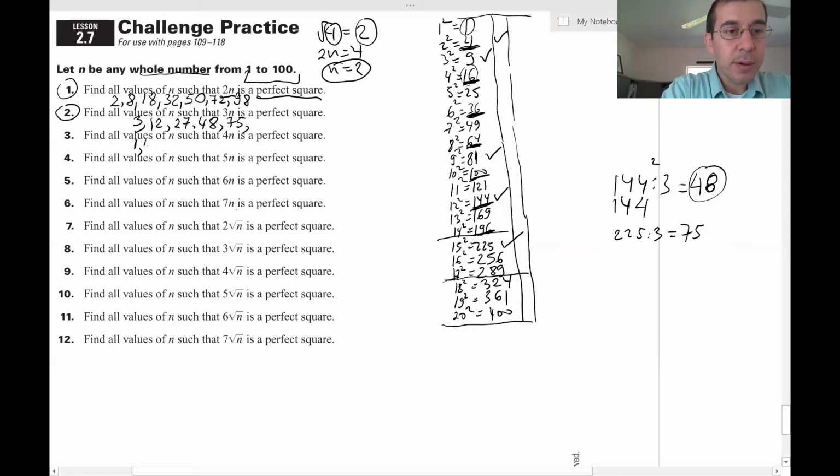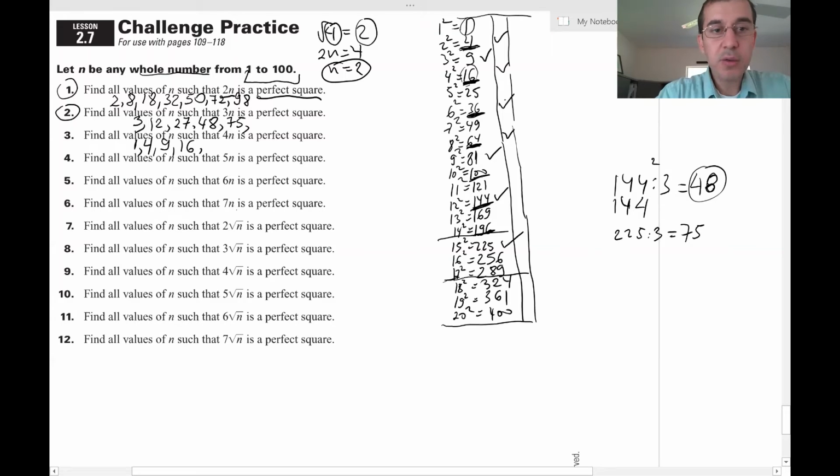So n is 4. And 25 divided by 4, that's not a whole number. 36 divided by 4, yes, that's going to be 9, because 4 times 9 is 36. 49 divided by 4, that's not it. 64 divided by 4, yes, so that is 16. That's another solution, because 16 times 4 is 64.